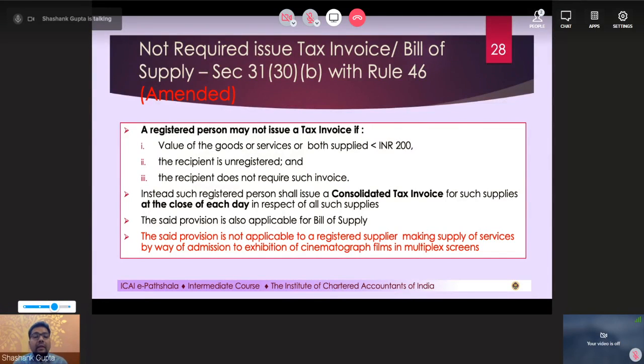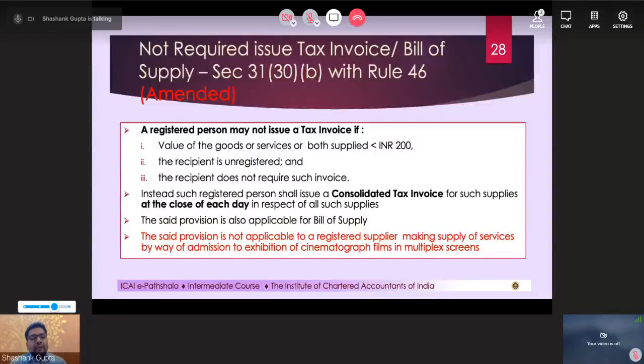So, if these three conditions are complied with, value is lower than 200, recipient is unregistered, and the recipient does not require such an invoice, then the taxpayer has an option to issue a consolidated tax invoice at the end of the day in respect of all such supplies. The same provision is also applicable in case of bill of supply.